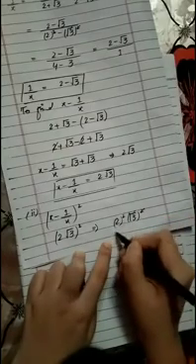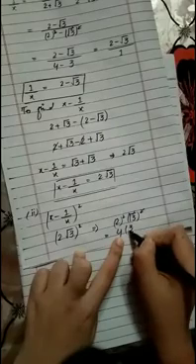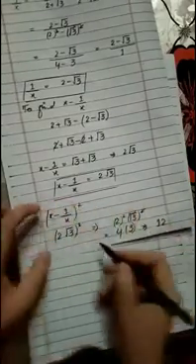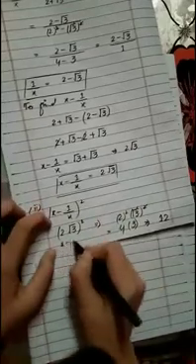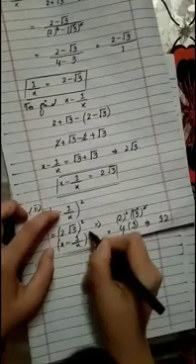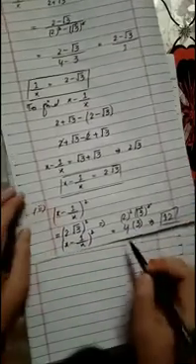It will cancel with the square root. 2 squared is 4, into 3, so that will be 12. x minus 1 by x whole square is equal to 12.